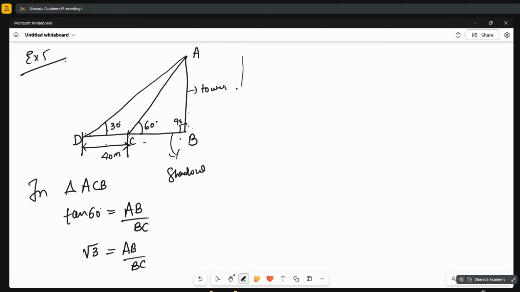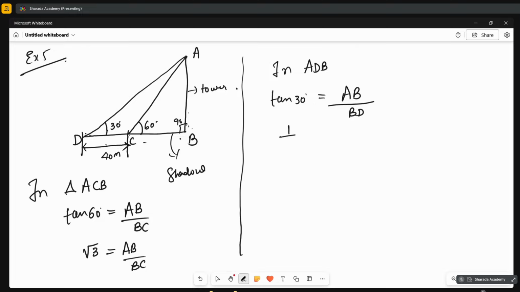Then in triangle ADB, tan 30 degree will be equal to AB by BD. What is tan 30? It is 1 by root 3.